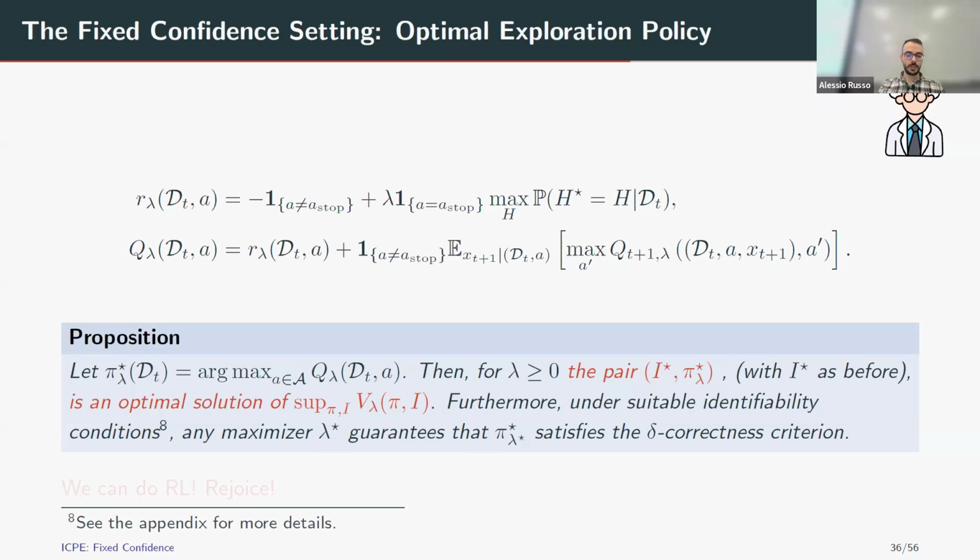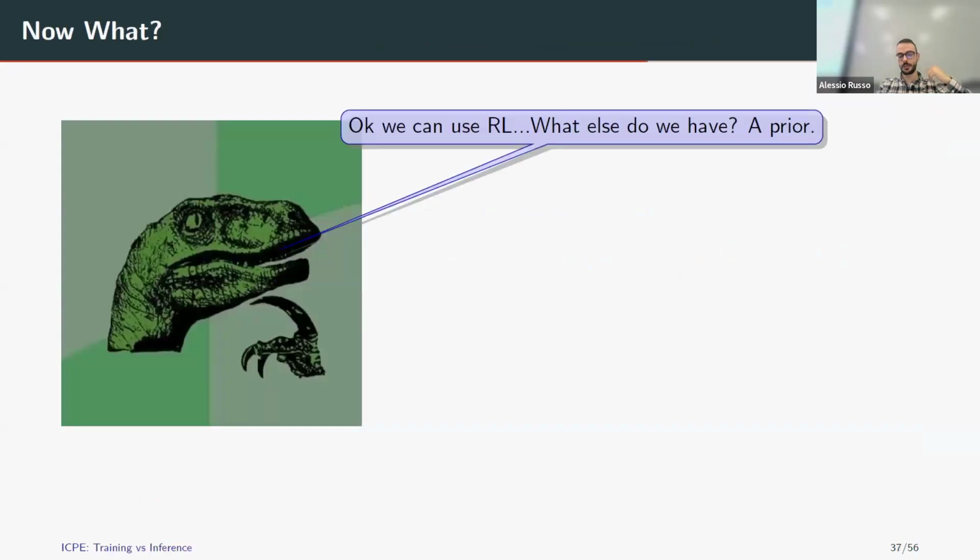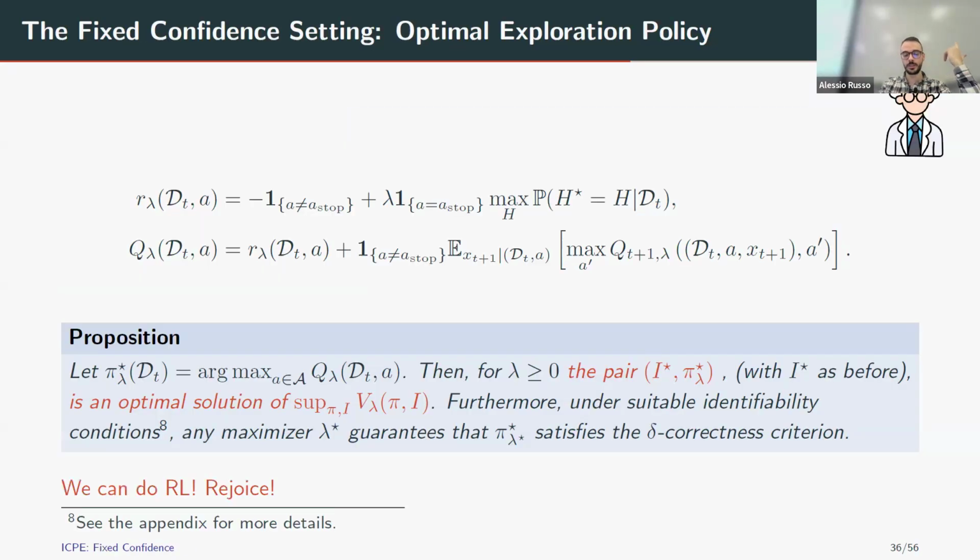In general, no, but you can guarantee that at the maximizers of the Lagrangian variable under some assumption, the policy pi star computed in lambda star, so the optimal of the dual variable, this policy will guarantee the delta correctness criterion. But how do we update the lambda? So the lambda will be updated using basically a gradient descent approach.